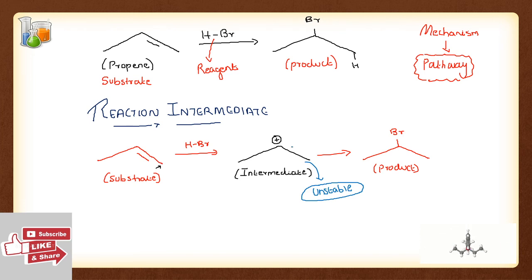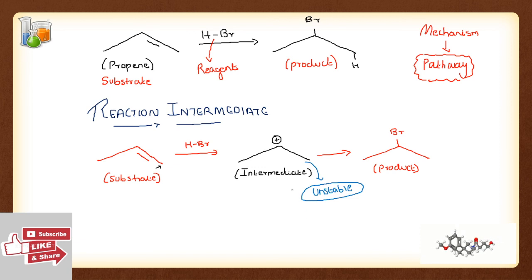Now when you compare the energy between the intermediate and the product, you can understand that the intermediate has a higher energy when compared to the product, because it's unstable. I believe you know that something which is unstable has higher energy.